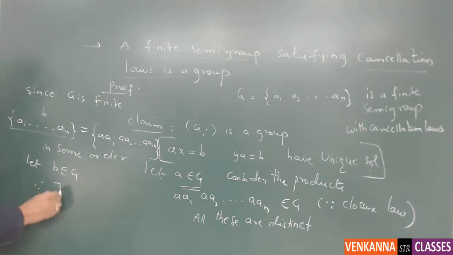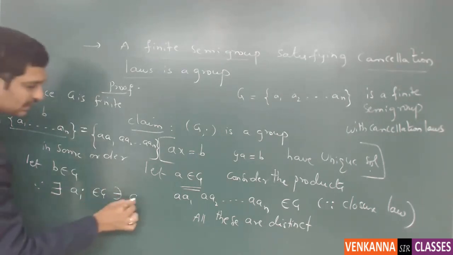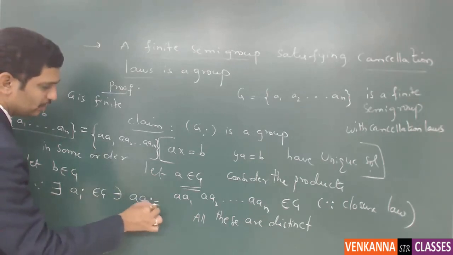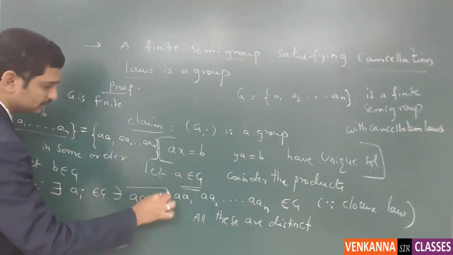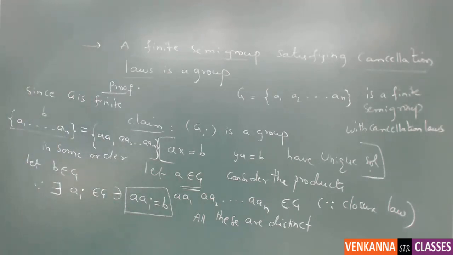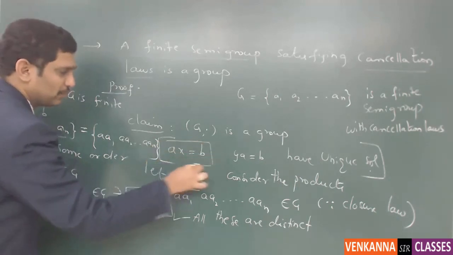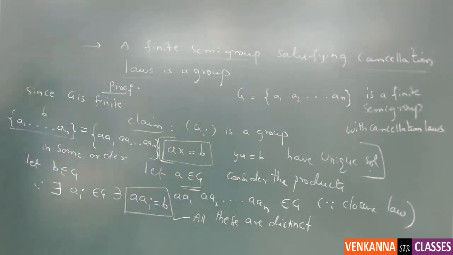Therefore, there exists an element Ai belonging to G such that aAi is equal to b. Now you can check that this is of the form ax equal to b. So what is the x value here? Ai.